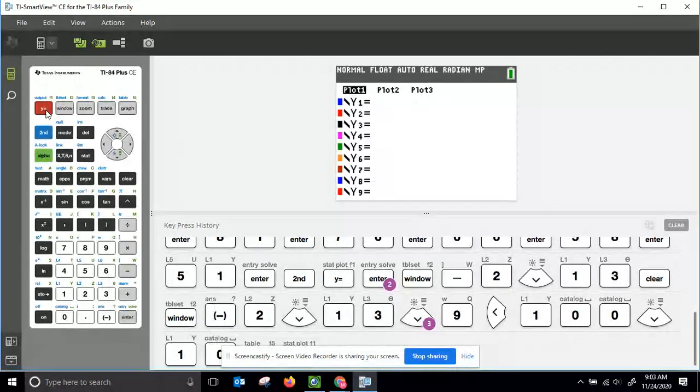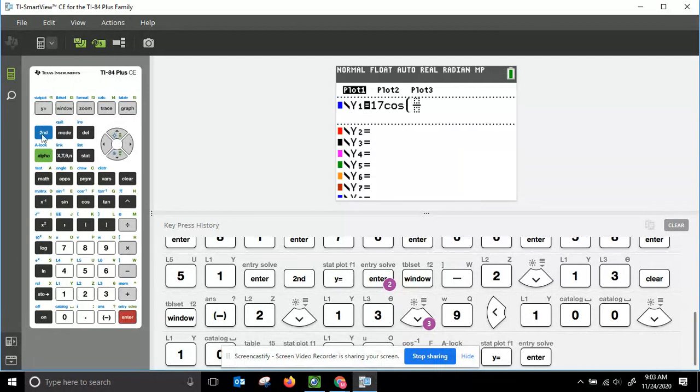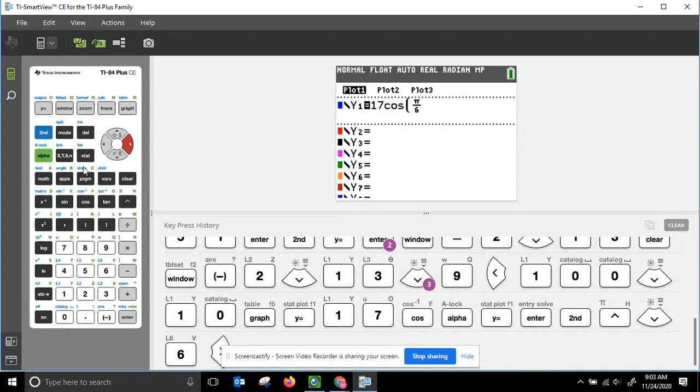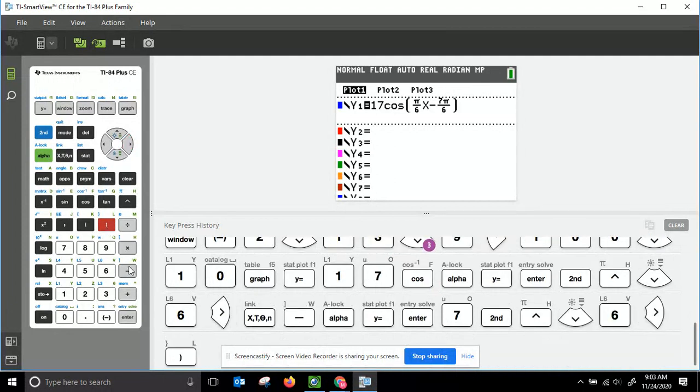So if we type in what we just found, 17 times the cosine of pi over 6x minus 7 pi over 6, all plus 65.